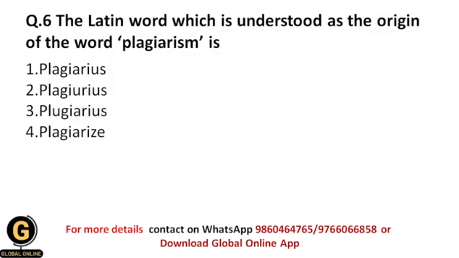Okay, now next is: the Latin word which is understood as the origin of the word plagiarism is. Now students, plagiarism is a word which has its origin in a Latin word. What is that Latin word? Whether it is plagiarius, or plagiarize.